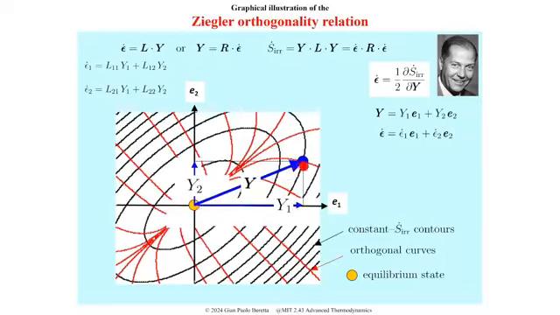So for example, suppose you are in this point here. It represents a non-equilibrium state in which the affinity of reaction 1 is this much. The center is 0, and that's equilibrium. And the affinity of the second reaction is this much. Okay.